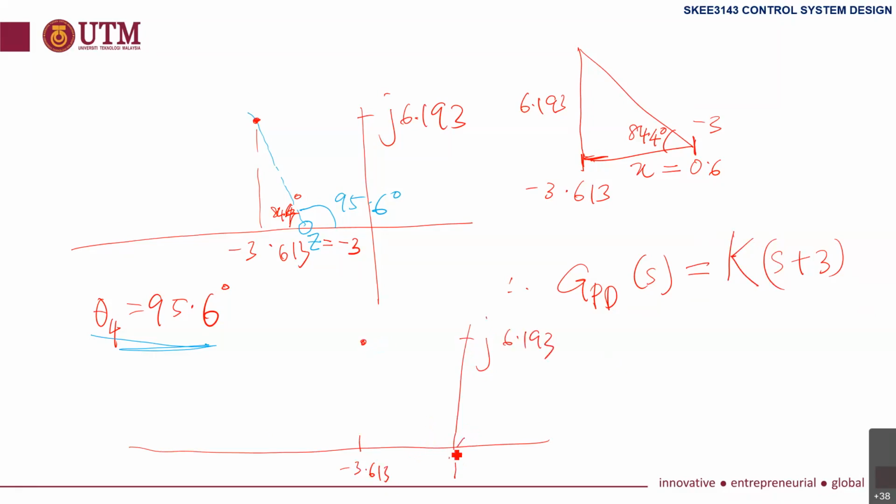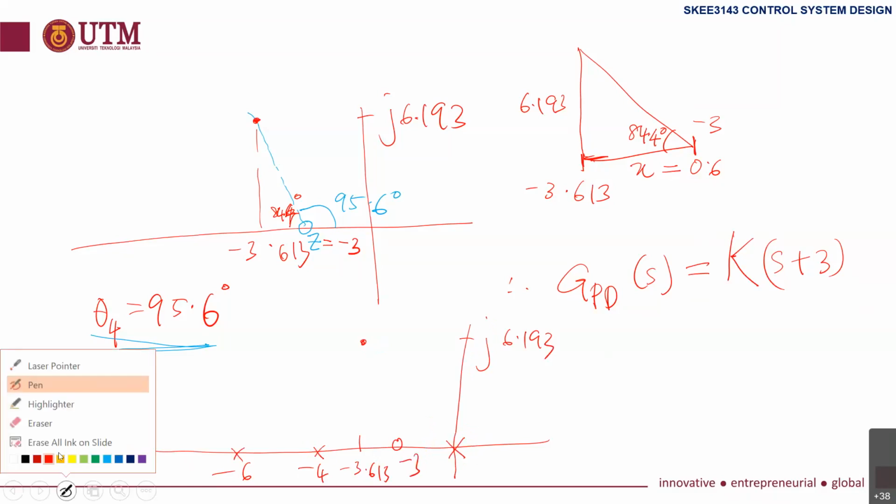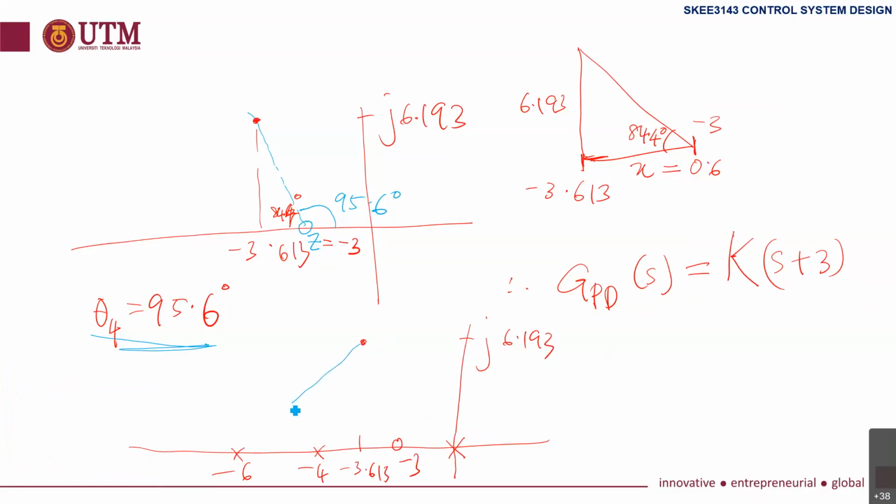We have pole at 0, pole at minus 4, pole at minus 6, and zero at minus 3. Then we can calculate L1, L2, L3, L4, and K is L1, L2, L4 divided by L3.